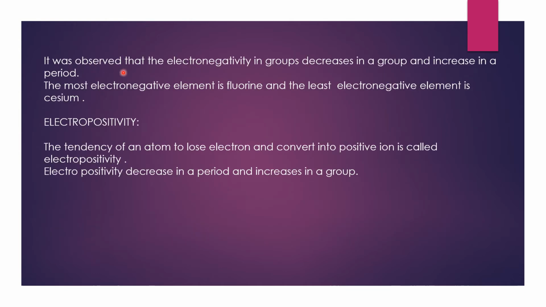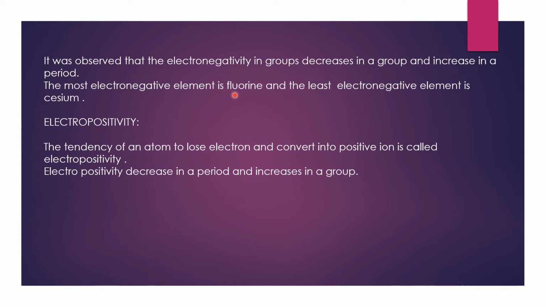It was observed that electronegativity decreases in groups and increases in periods. Based on this fact, the most electronegative element is fluorine, because it is in the second period and has the highest electronegativity value.